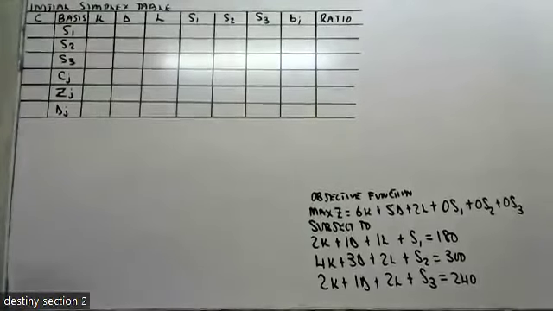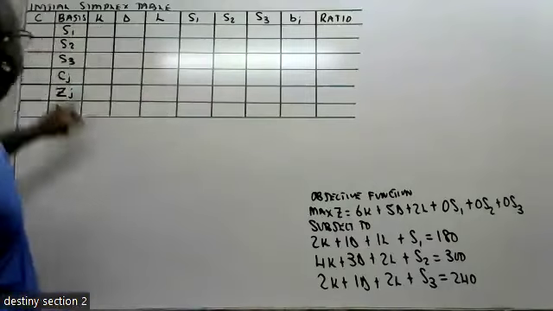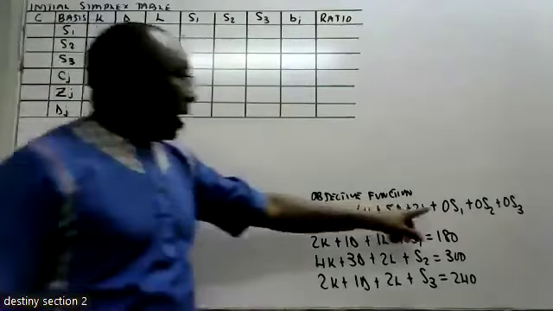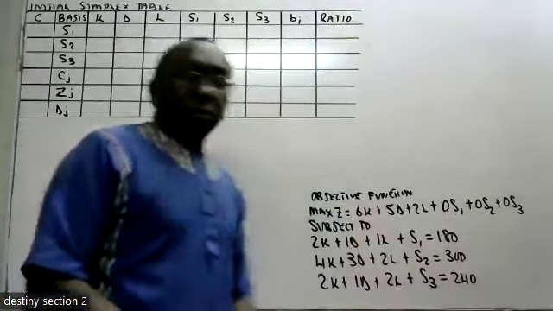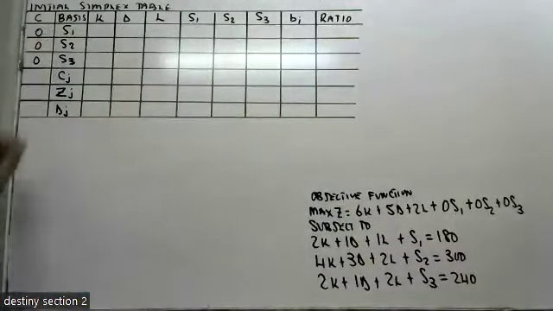So we are through. Now, in the first column we normally record the contribution margins of the items here. So the contribution margins are 0, 0, 0.